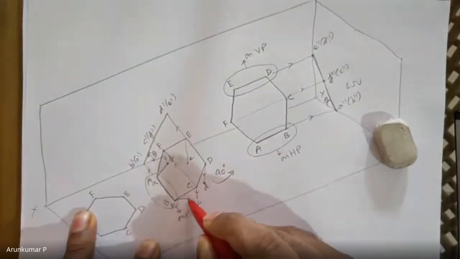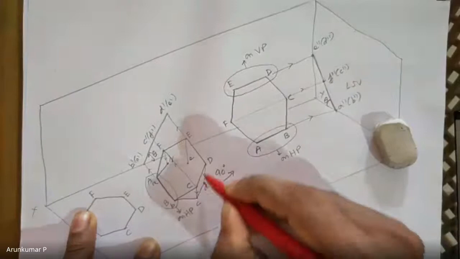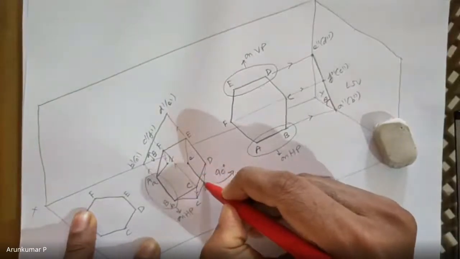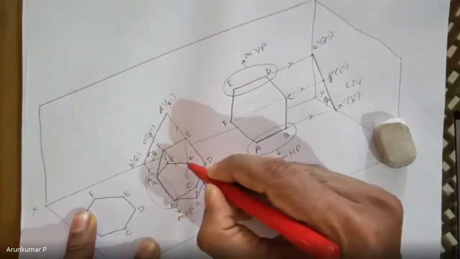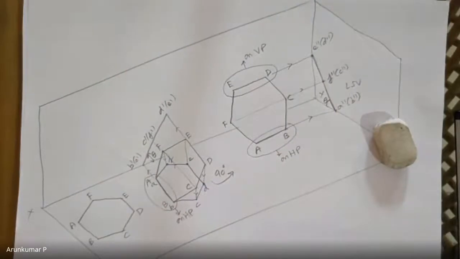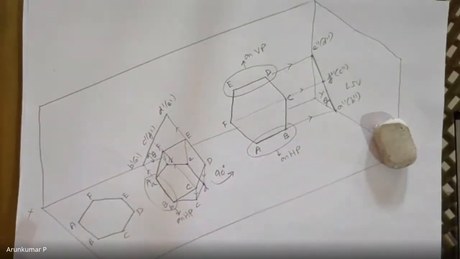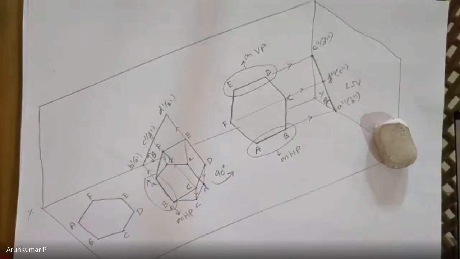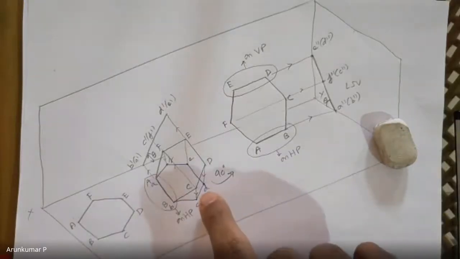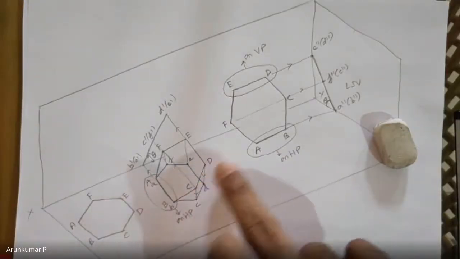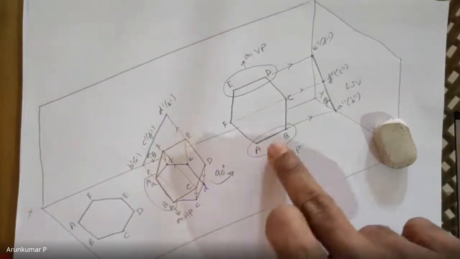If you join, this is the top, so you can see a smaller hexagon. Smaller hexagon is what you'll get in the second step top view, and that is what you have to reorient by 90 degrees in the third step.